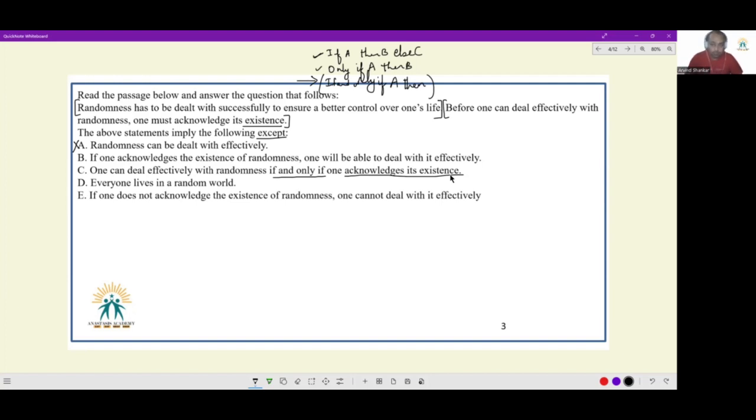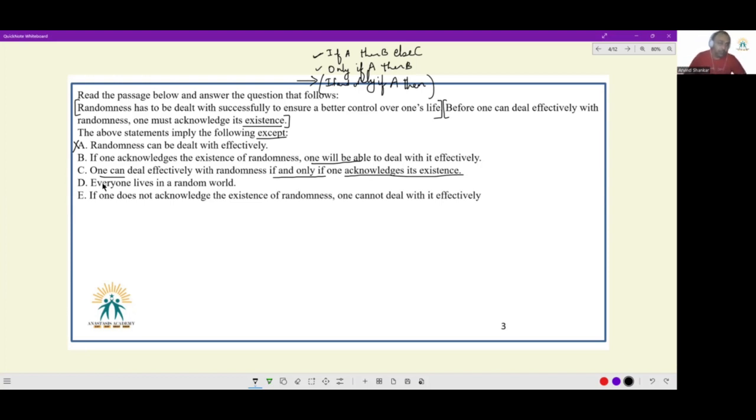And that is true given from the second statement. Before one can deal effectively with randomness, one must acknowledge its existence. If one does not acknowledge its existence, you cannot deal effectively with randomness. Okay. Now see the difference between B and C. One can and one will be able to. This is saying the subsequent course of action will necessarily happen. And this is saying the subsequent course of action is possible.